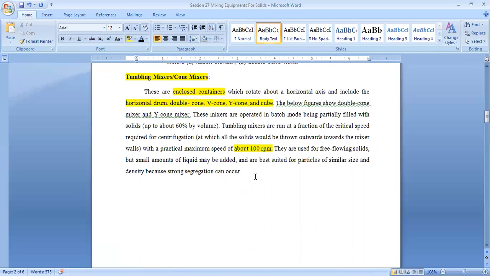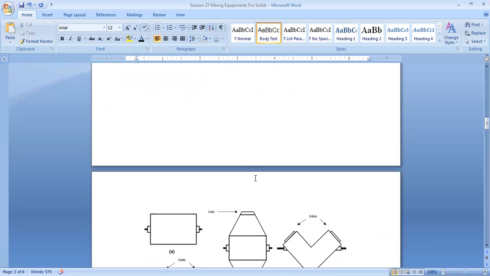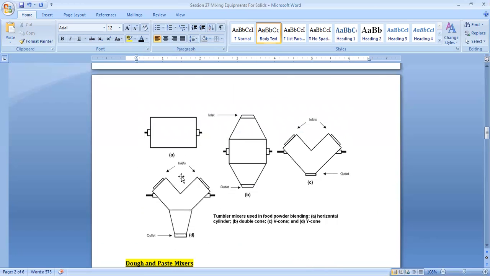Mostly they rotate on a horizontal axis, and they include a drum, and the cones are different in shape, like double cone, V cone, Y cone, and cube. We can see these pictures here. These are tumbler mixers. These are cones which are rotating. This is the horizontal axis. They all rotate around the horizontal axis, and mixing action takes place.